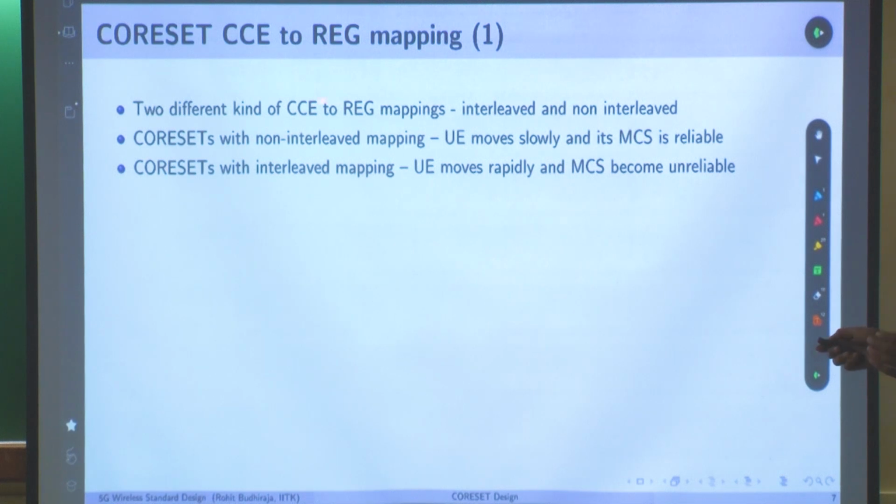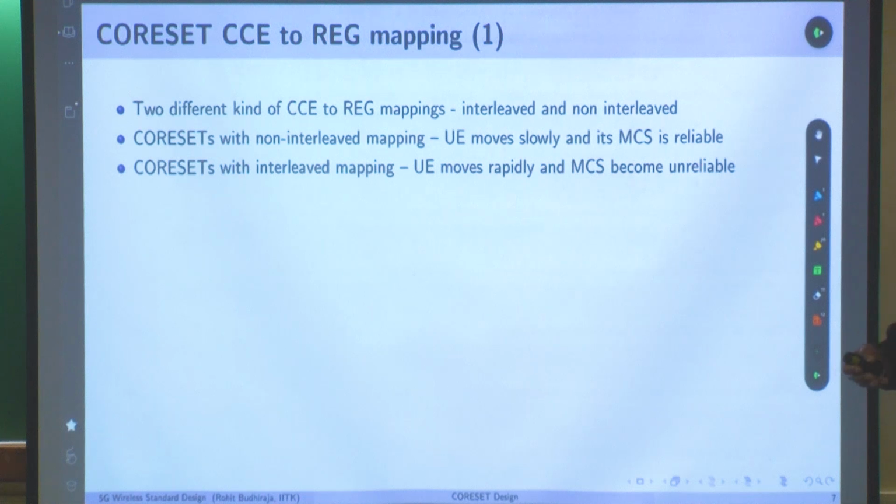Basically, what is non-interleaved? Contiguous REGs are used to map onto CCEs, that is what is non-interleaved. Interleaved is basically you pick one REG from one part of the spectrum and another REG from, let us say, another part of the spectrum. They are widely separated, separated by PRBs.